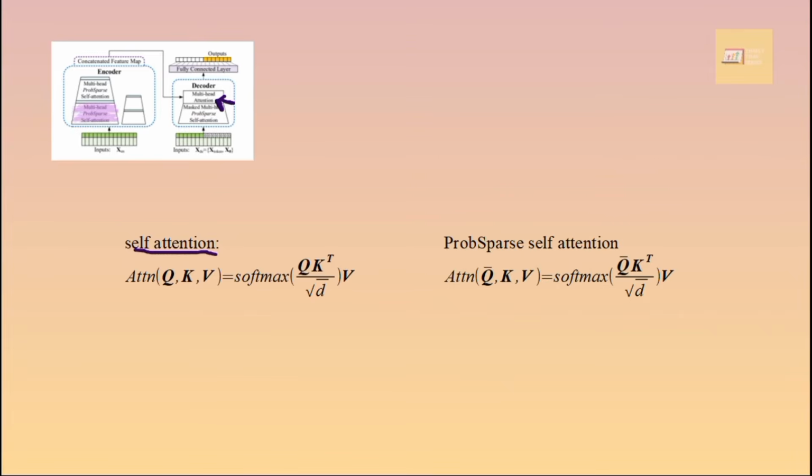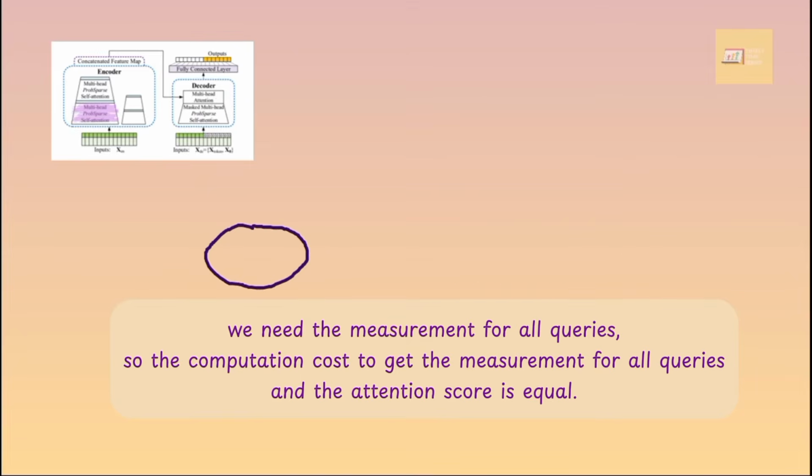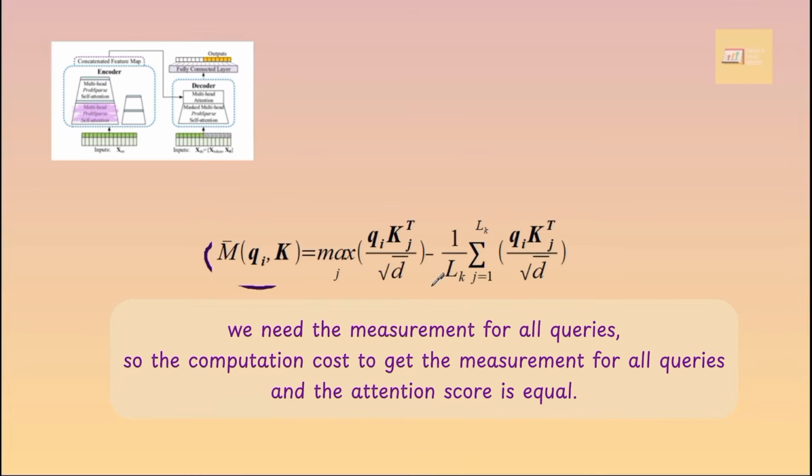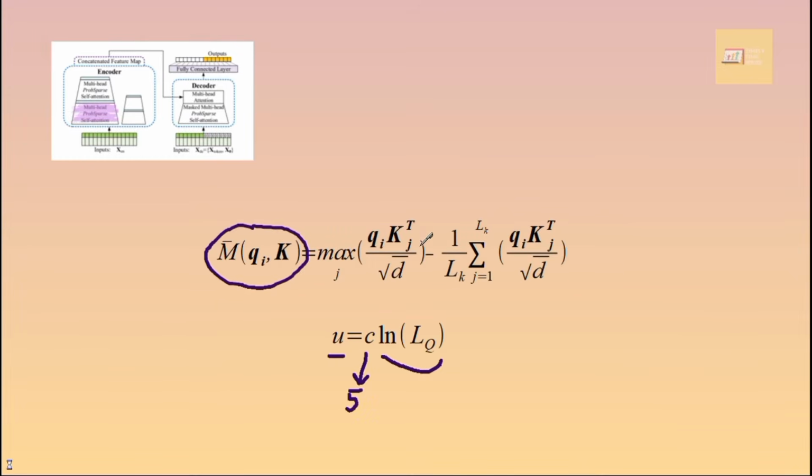And we want to avoid that as much as possible. And you can see that this part here, the one that's inside the softmax function, is exactly the same as in the calculation of the query sparsity measurement. See here.